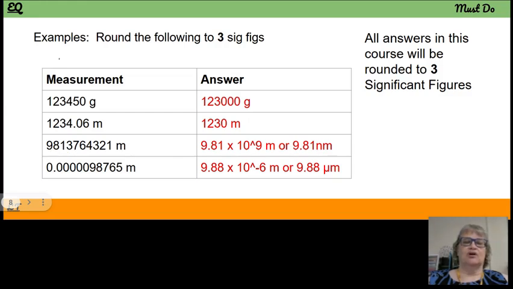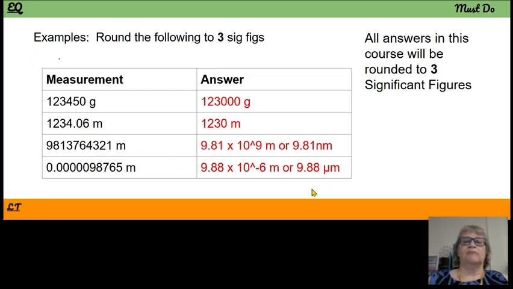So that gives us 2 more. So it'd be 9.81 times 10 to the 9th. Now remember, 10 to the 9th is also the same as nano. So instead of writing 9.81 times 10 to the 9th meters, we could write it as 9.81 nanometers. This is significantly smaller than writing all of the zeros.